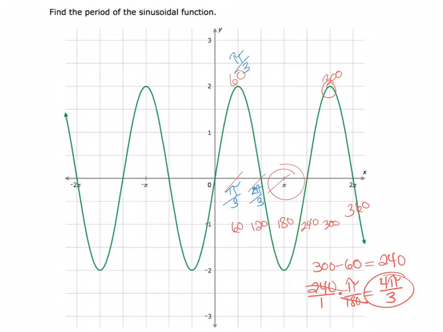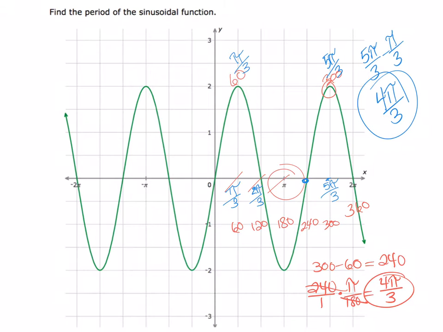That's convenient. 2 pi over 3, 3 pi over 3, 4 pi over 3 right here, 5 pi over 3 right here. So here we're at 5 pi over 3. So do that subtraction. 5 pi over 3 minus pi over 3, and you have, voila, 4 pi over 3. It all works out to be the same thing, just depends on what you like to work with, degrees or radians.